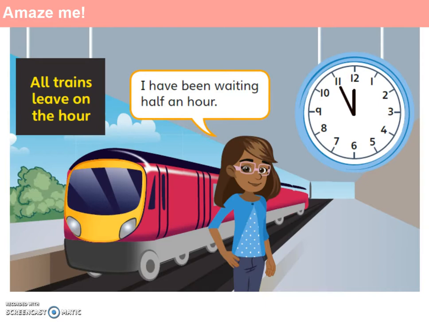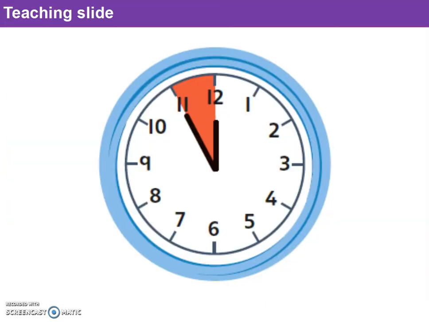So we know the time currently is 11:55, and we know that our passenger has been waiting for 30 minutes. So now we can simply jump back in lots of 5, 10, 15, 20, 25, 30.